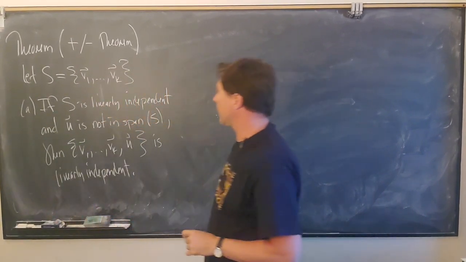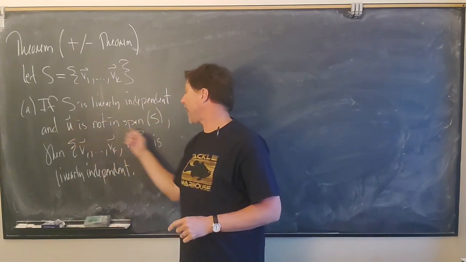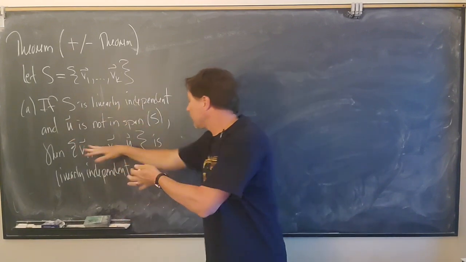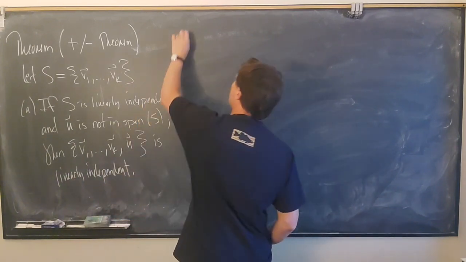So what this says is, if you start off with a linearly independent set and choose any vector outside the span, throwing that vector into the set keeps it linearly independent. So there's the plus part, here comes the minus part.